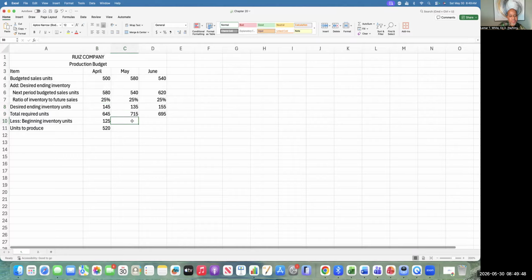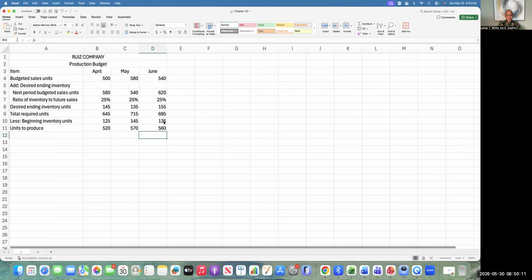So we're going to put 145 here. We're going to subtract these two numbers, and that gives me the number of units that I need to produce. Same here. My beginning inventory would be the ending inventory from last month, so I'm going to put 135 here. I'm going to subtract these two numbers. And that is how we do our production budget.